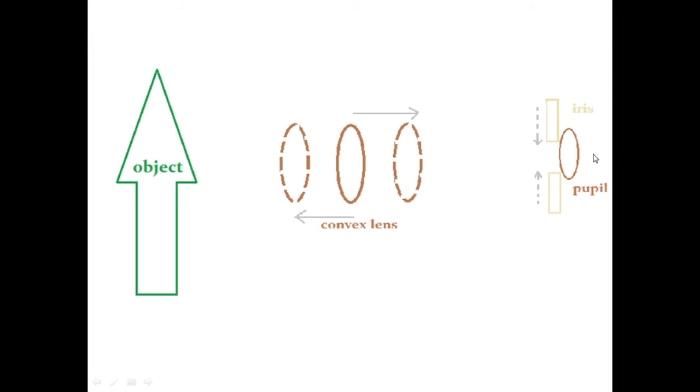So how is this focal length being controlled? It is controlled by the movement of your iris. The movement of the iris makes the pupil or lens size increase or decrease. As I have told you, with this pupil size I can let more light pass through the pupil, or I can control the flow of light into the pupil. So this is how it works.